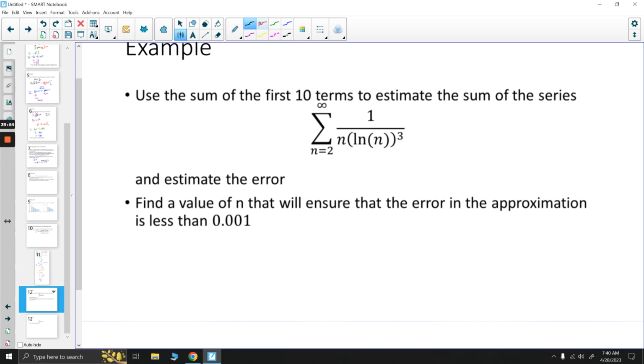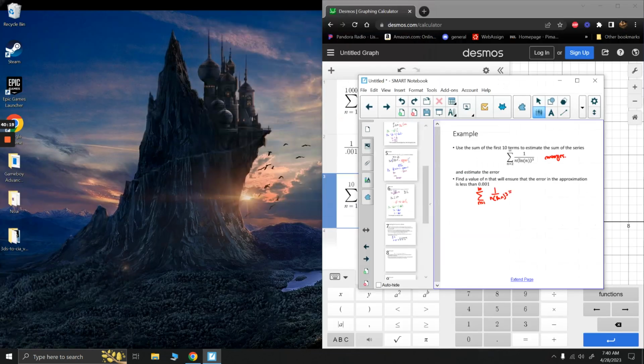Okay, so we are going to take the 10th partial sum because, again, we already know that it converges. So this converges. So that's going to be good enough for us. So we're going to take 1 to 10 of this 1 over n times natural log n cubed and find what that value is. And again, we're going to go over to Desmos for that.